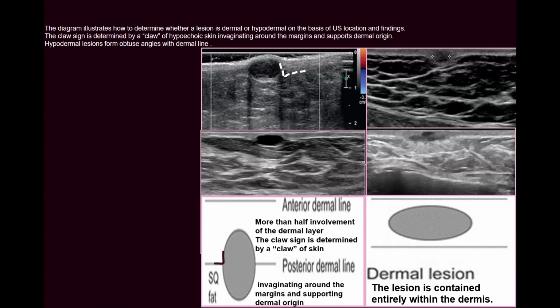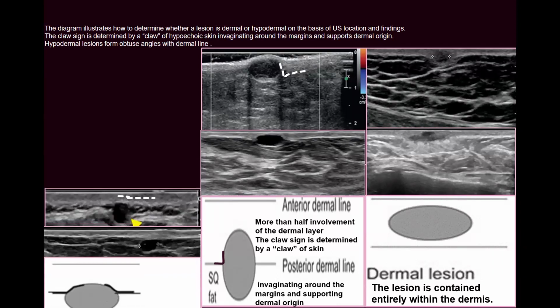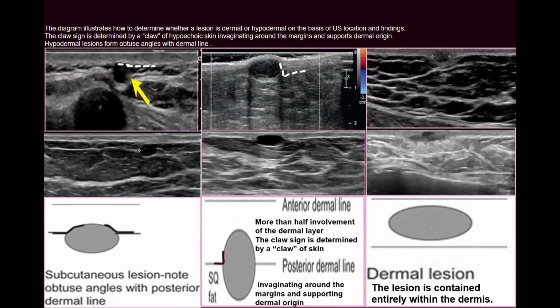So all these are supportive of a dermal origin, and the same applies to smaller lesions. These characters are going with a dermal origin or a dermal cyst. But I have here 2 examples.